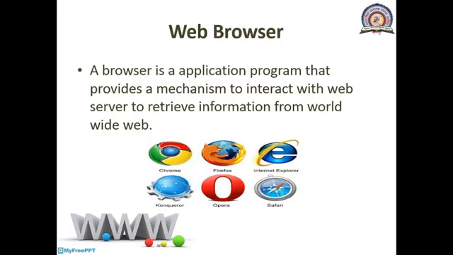There should be a mechanism to interact between that client and the web server, and that mechanism is nothing but an application program called the web browser. Using that web browser, client and server can interact with each other.